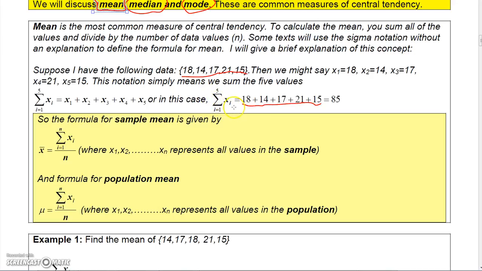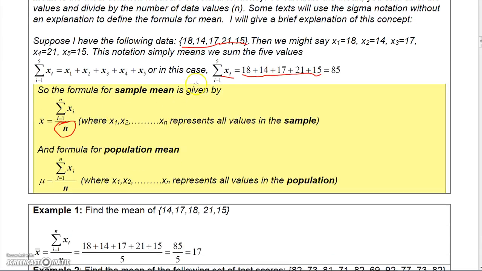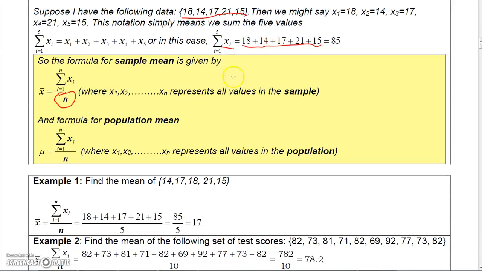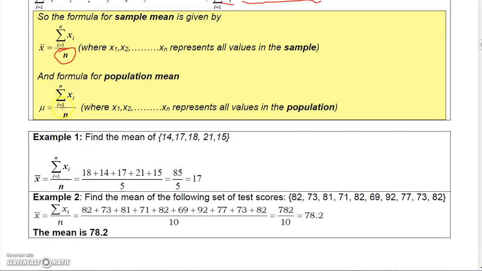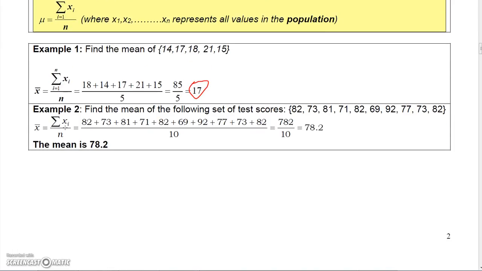So we sum each of the x values, which are our data values, and then we divide by n, where n is the total number of data values we have. In this example, we would take this 85 and divide it by 5 to get 17. That's the mean of those 5 values.